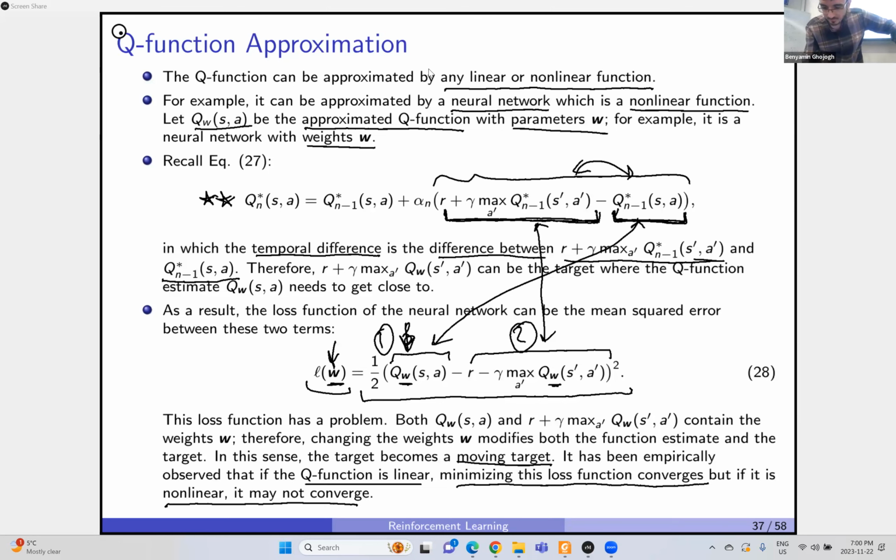What do I mean? So this one minus the other one to the power 2. Why to the power 2? Because the sign is not important, right? And I also have 1/2 here. Why? Because when you take derivative, it's optimization, right? When you take derivative, I have power 2. X to the power 2 becomes 2x. So I want to get rid of that 2 in the derivative.